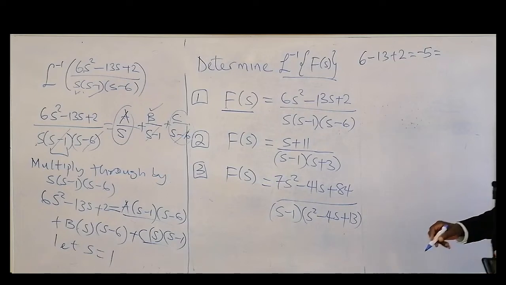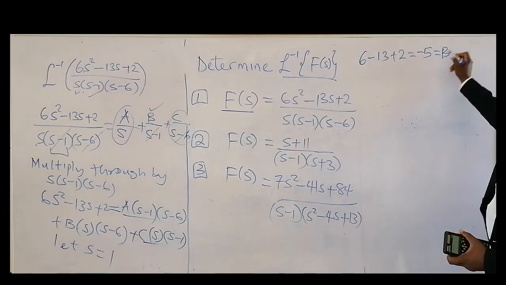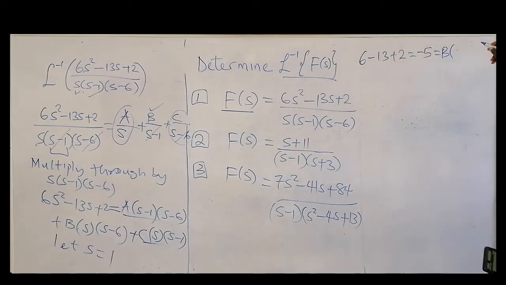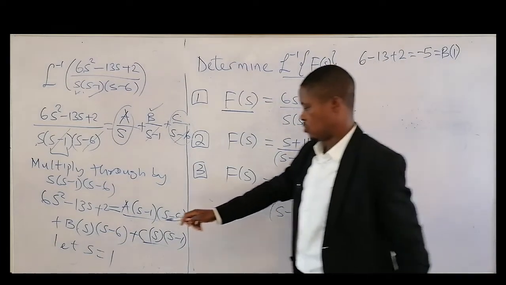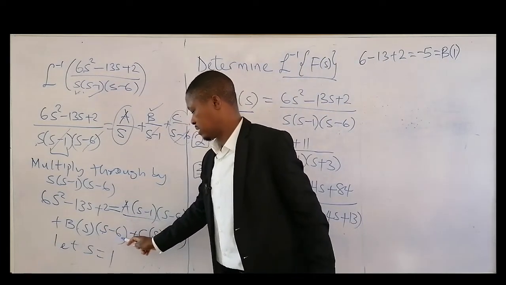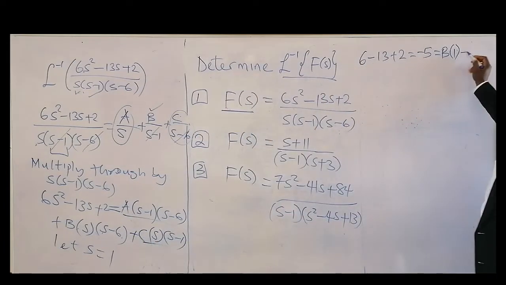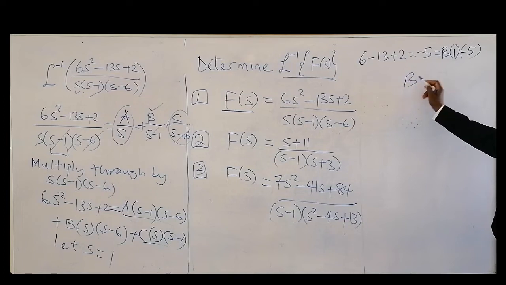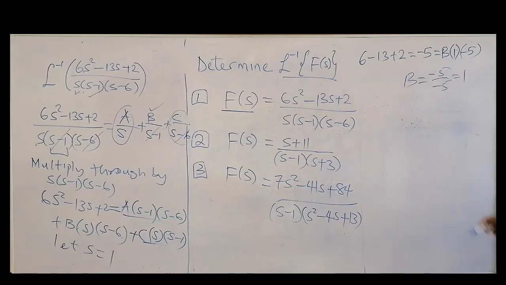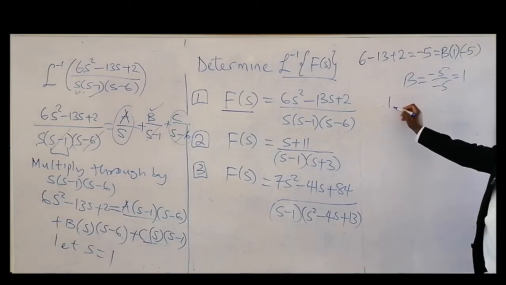On the right hand side, we have b times 1 minus 6, that's minus 5. So b is equal to minus 5 over minus 5. So b is 1.